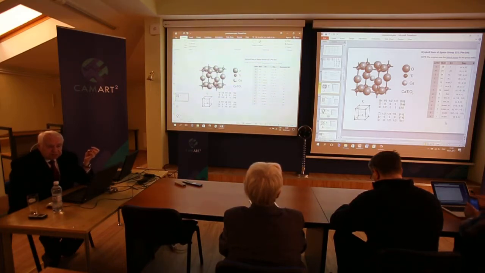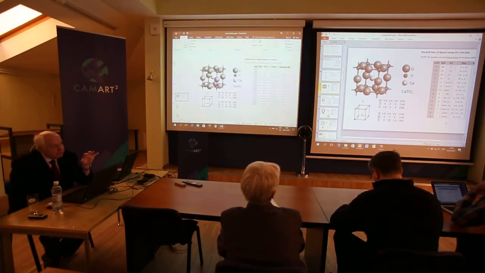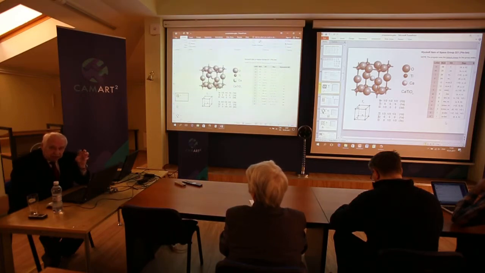But a space group includes not only the lattice, but also the division of space, the so-called Wyckoff positions, sets of points connected by symmetry operations.